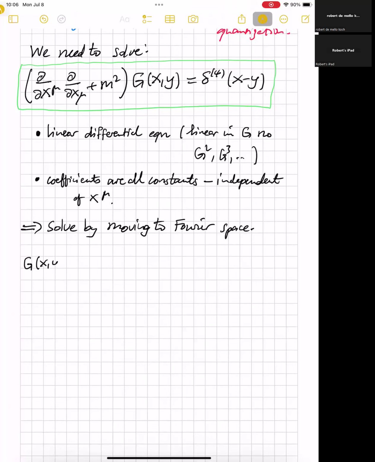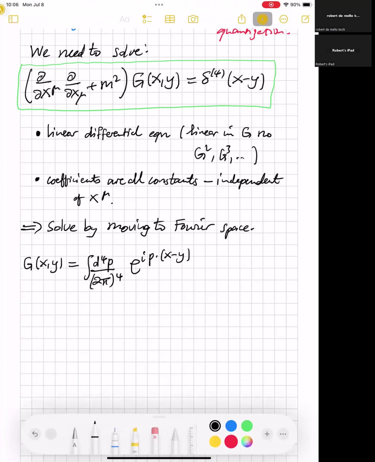So let's write down the Fourier representation for the Green's function first. G of x comma y is equal to an integral d4p over 2 pi to the 4, and then we'll have an e to the i p dot x minus y. Now notice something, this is an important point.